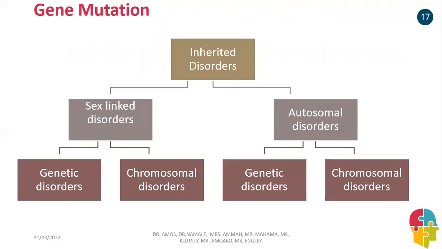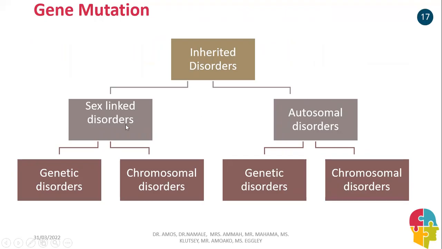Now, when we look at inherited disorders, they can be sex-linked. If we say it is sex-linked, it means that it is located on what? The sex chromosomes. Or the inherited disorders could be autosomal, which means that it is located on one of the first 22 autosomes.